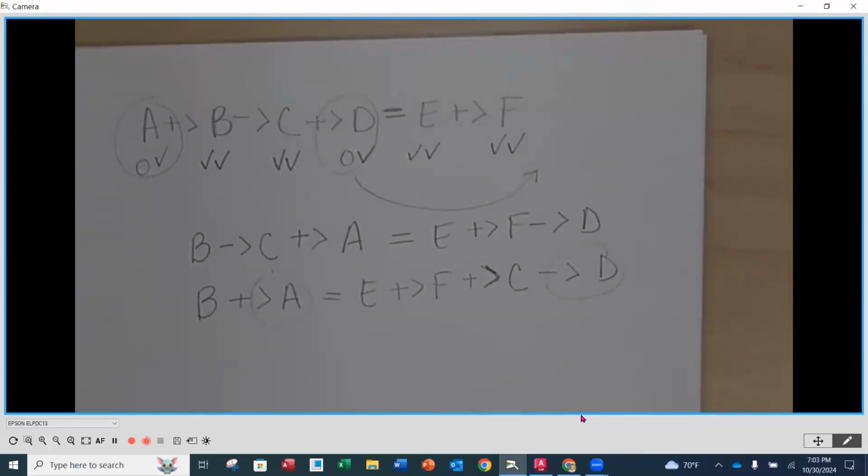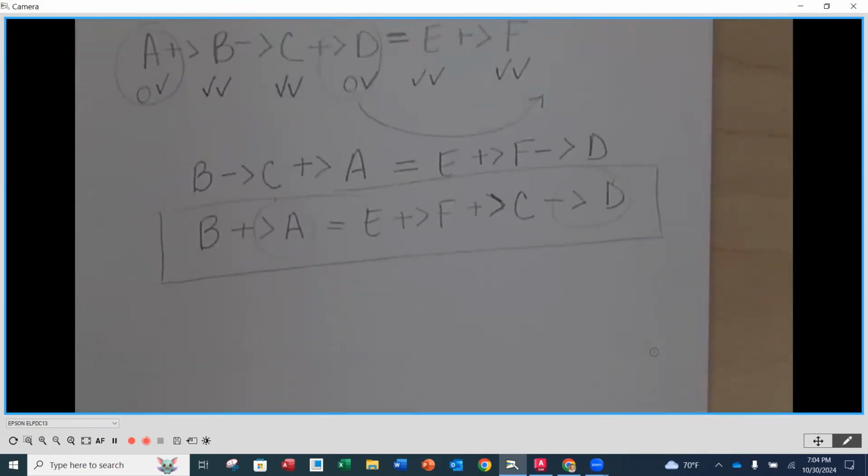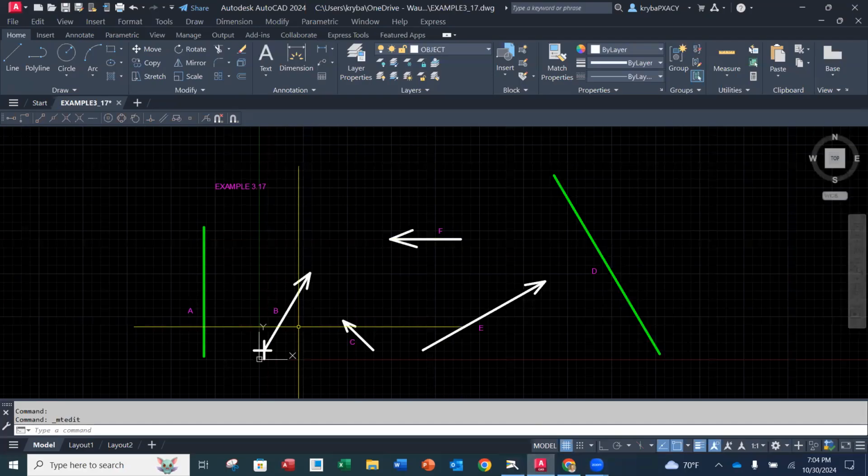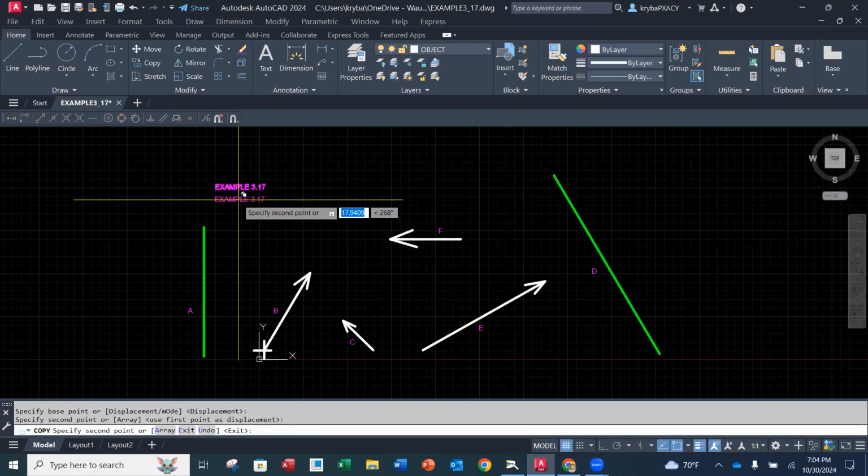Okay, now we're going to do this equation. We're going to end up with the exact same answer as them, but we're going to deal with one less negative. That's all. So let's use this equation. So what I'm going to do is write this equation on my diagram. I'm going to grab this and put it down here.